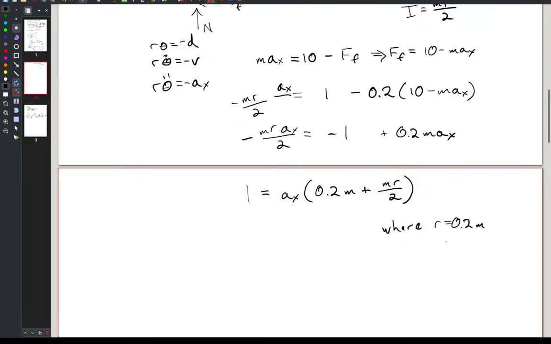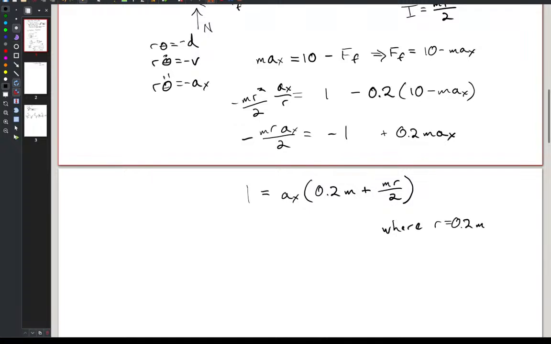If you replace theta double dot with AX over R in the second line down, we had R squared and AX over R, so we ended up with just MR AX. Yeah, because in general, moment of inertia is some kind of mass times R squared, or maybe A squared plus B squared, but some kind of value of distance squared. Kilogram meter squared is your moment of inertia.